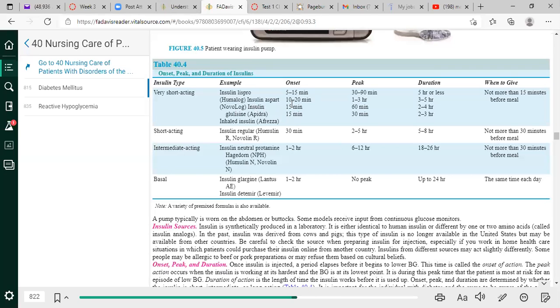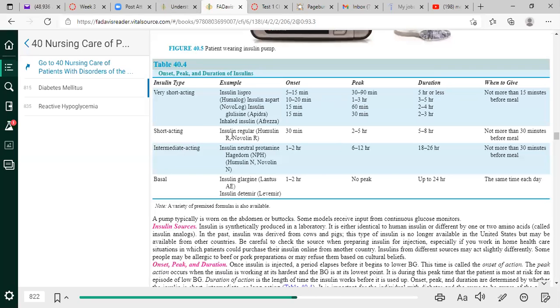So with these, you want to think it takes 10 to 20 minutes to kick in. When does it peak, meaning the time where it will lower your blood sugar the most? Insulin Lispro peaks between 30 and 90 minutes. How long will this medication last in your system? 5 hours.